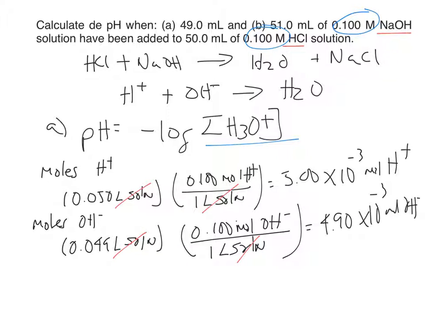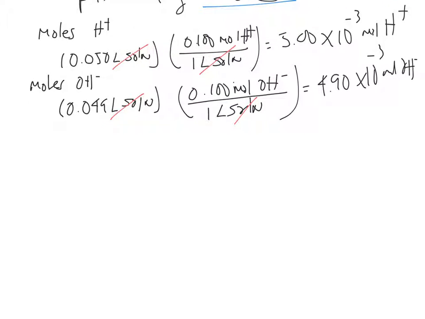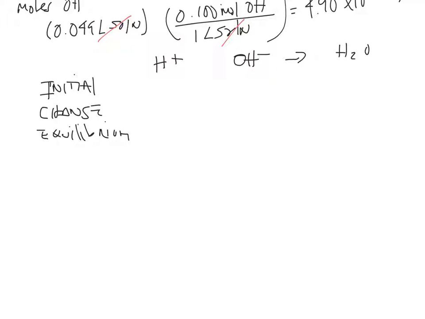The difference is that we are now going to use the RICE table, but instead of using the units of molarity for this table, we're going to use the units of moles. So here we have initial, change and equilibrium, for the proton, hydroxide and water.